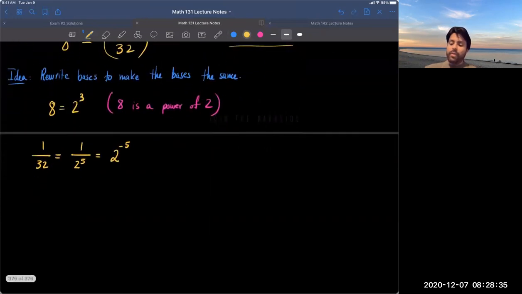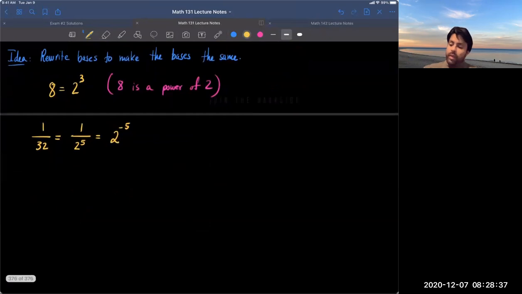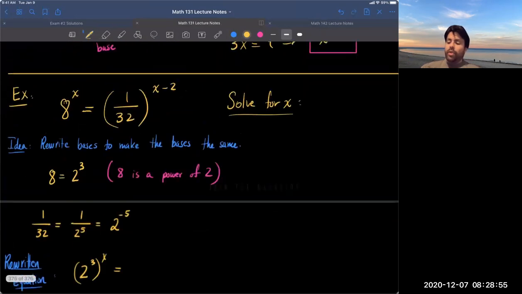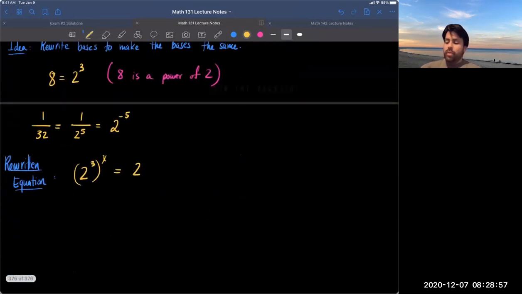So now I have a rewritten equation. What's my rewritten equation? I can write 8 to the x as 2 cubed raised to the x. And I can rewrite 1 over 32 as 2 to the negative 5th power raised to the x minus 2 power, right?